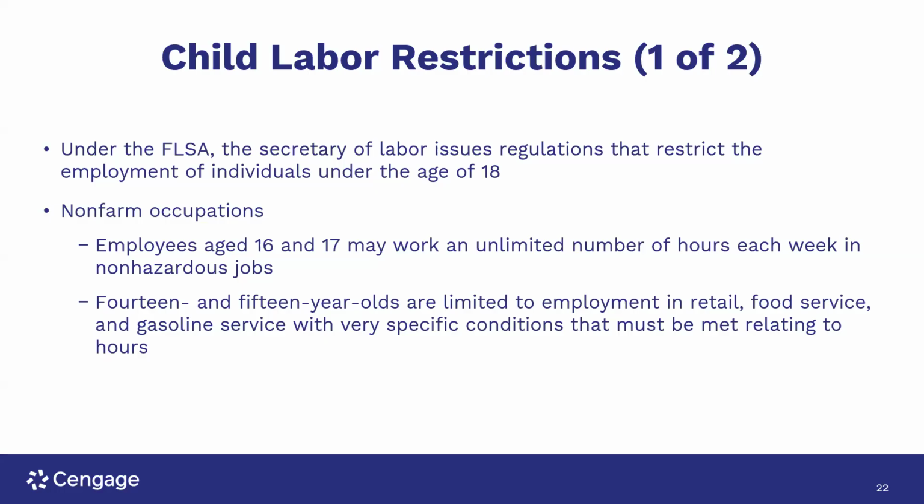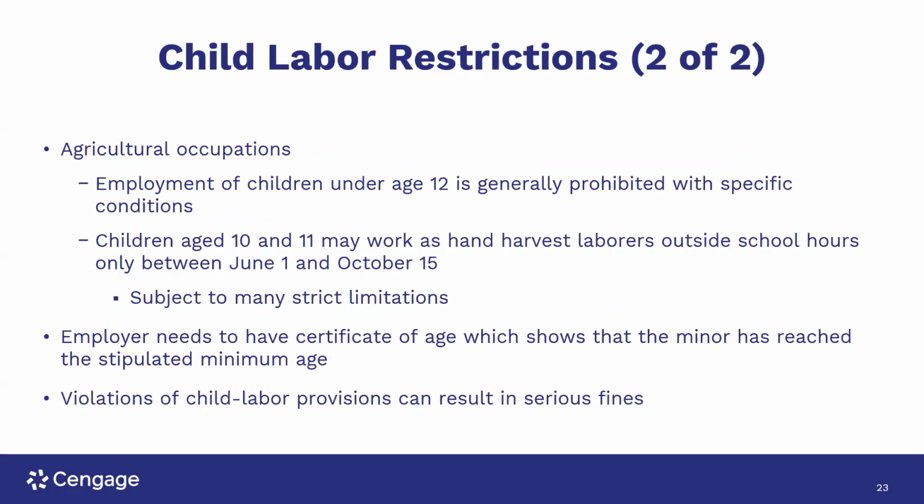And then states might also have additional requirements for 16 and 17-year-olds, where they might not be able to work nights, they might not be able to work during school, etc. And there are also different minimum wages as well. For agricultural occupations, children aged 10 and 11 may work as hand harvest laborers outside of school hours and only from June 1st to October 15th.